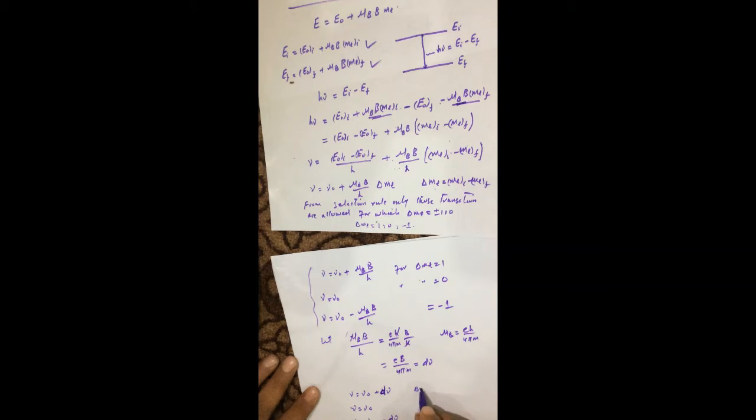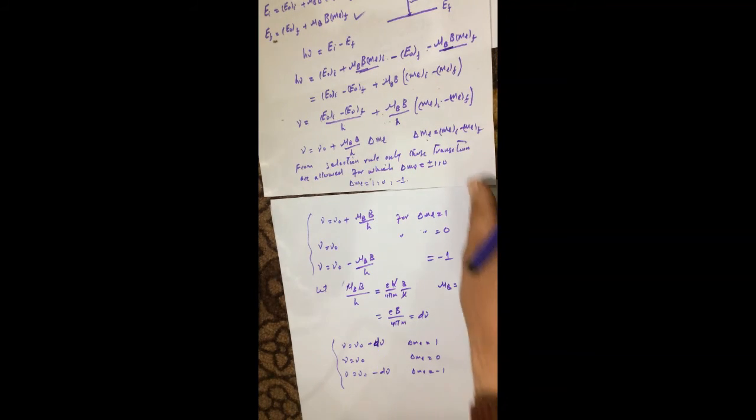This is for delta ml equal to 1, this is for delta ml equal to 0, and this is for delta ml equal to minus 1. So we have three values of frequency once we apply the external magnetic field. Now these are the three component lines.